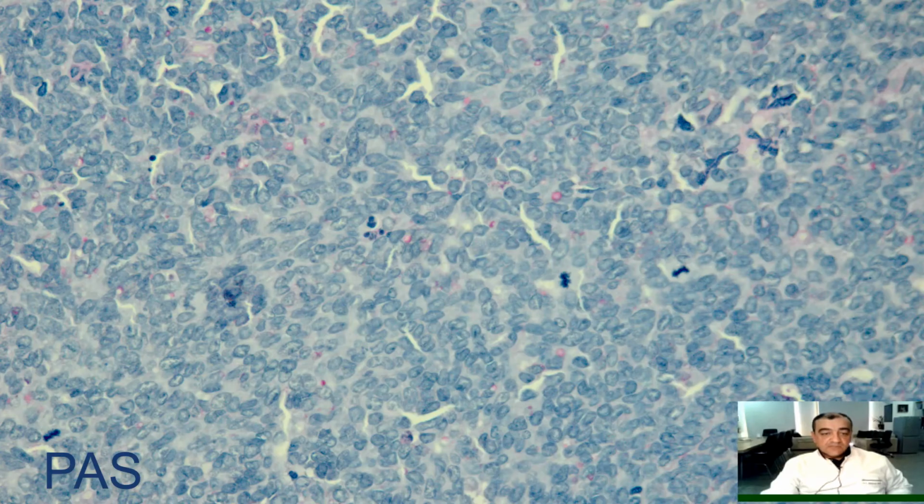So a myogenic origin of the neoplastic cells can be easily excluded. And of course, don't forget to use simple special stains besides immunostains. The PAS staining shows here very nice cytoplasmic magenta inclusions that are highly characteristic for Ewing sarcoma.